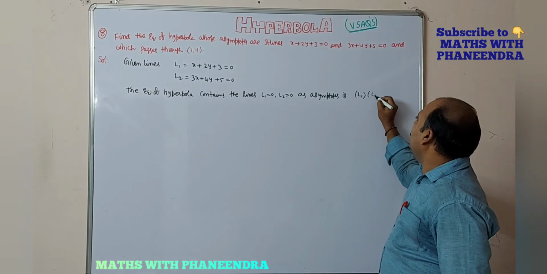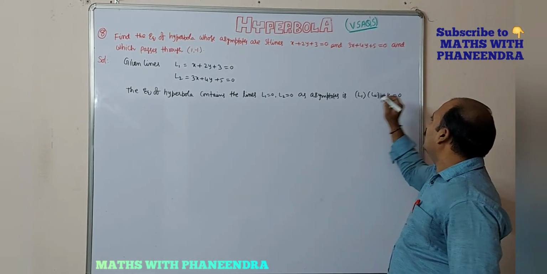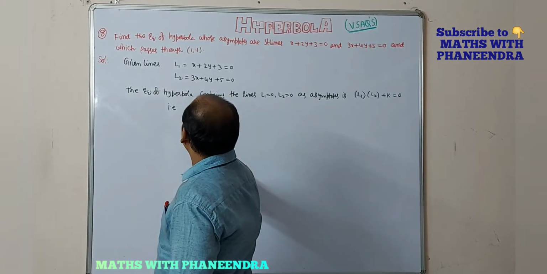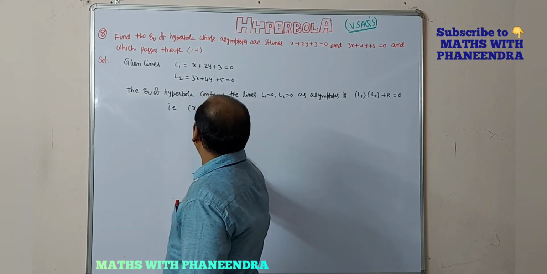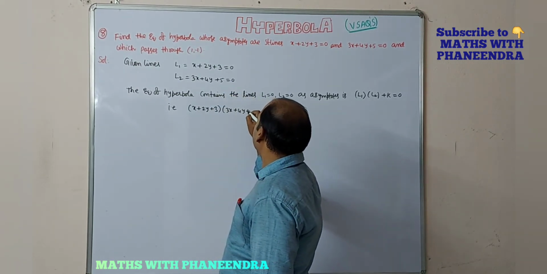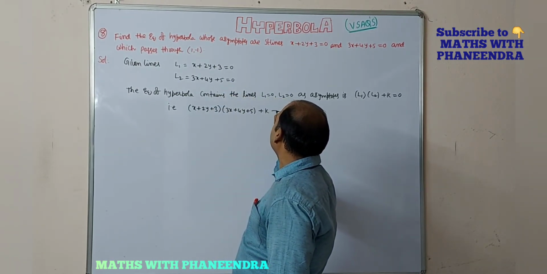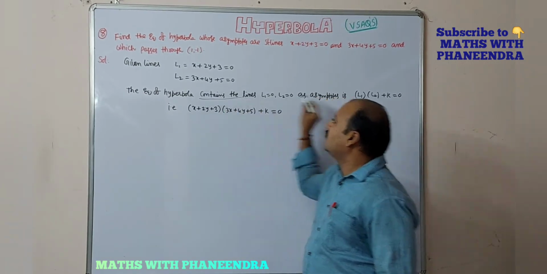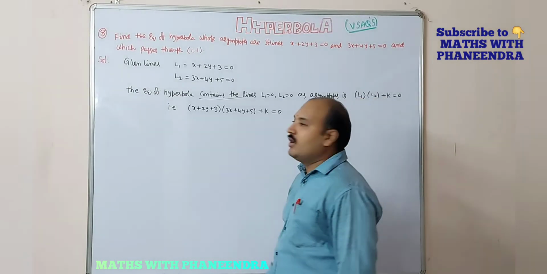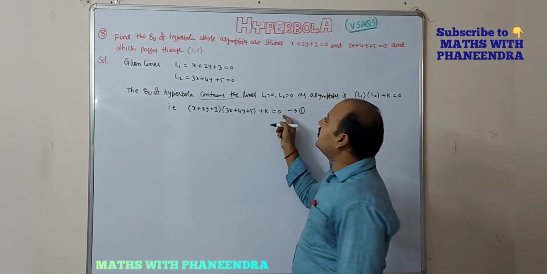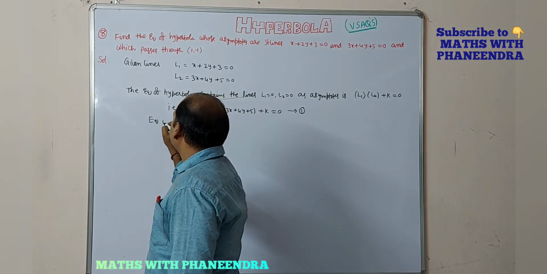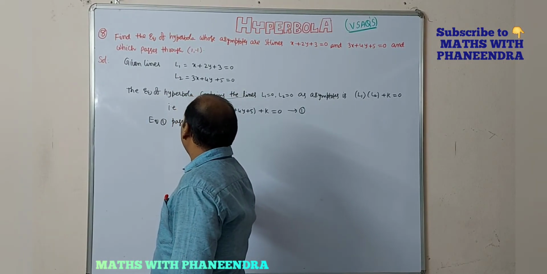L1 into L2 plus k equal to 0. It is in this form. That is x plus 2y plus 3 into 3x plus 4y plus 5 plus k equal to 0, whenever it contains the lines as asymptotes. This equation 1 is passing through which point? 1 comma minus 1.